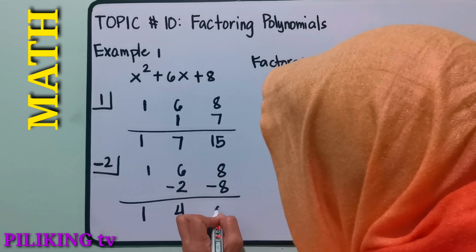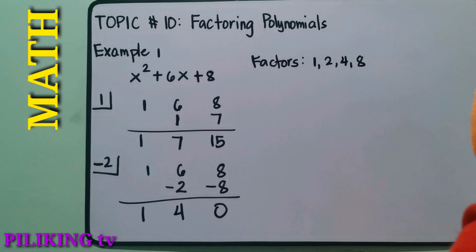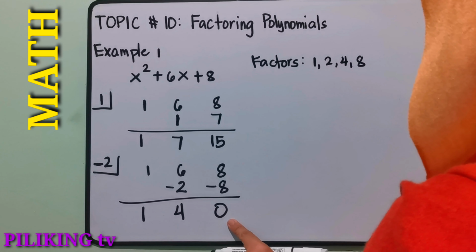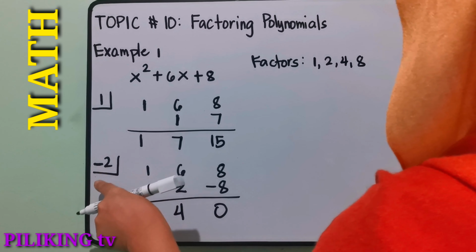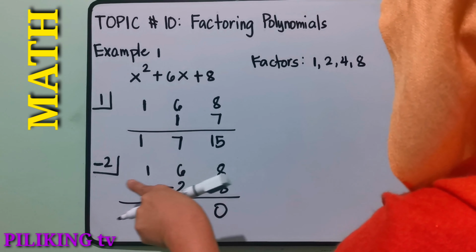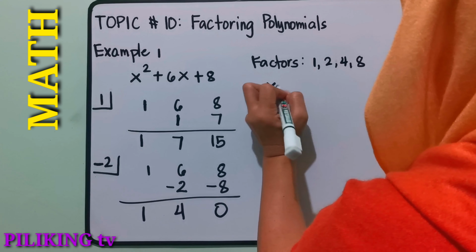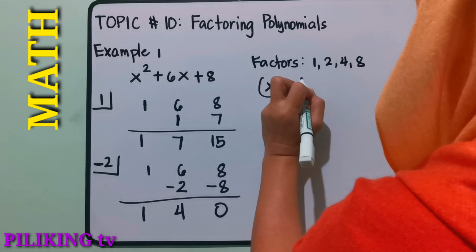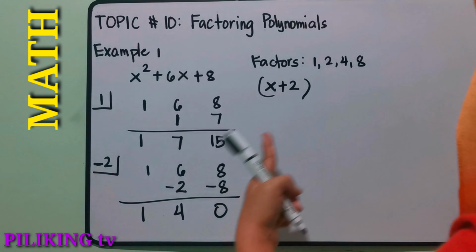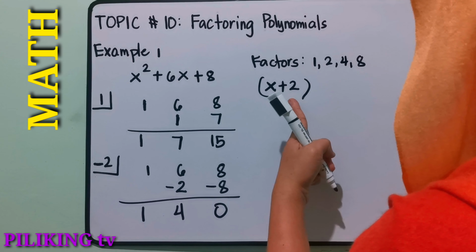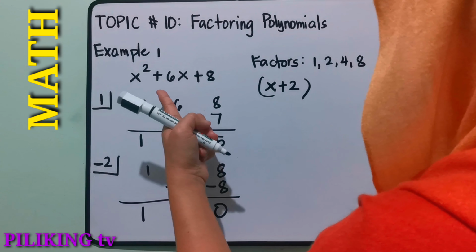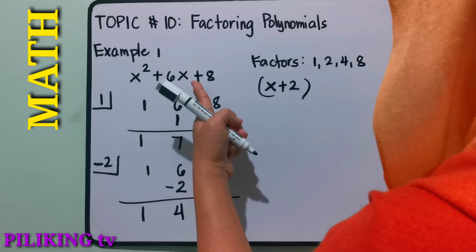Then you have to add, so that is 0. So since the remainder is 0, it means that x plus 2 is one of the factor. Okay, so it means that x plus 2 is one of the factor of x squared plus 6x plus 8.